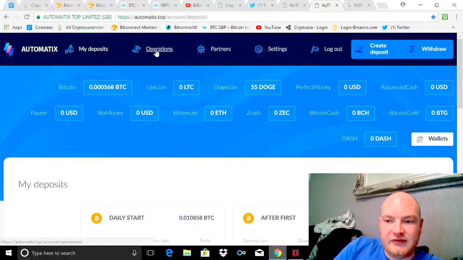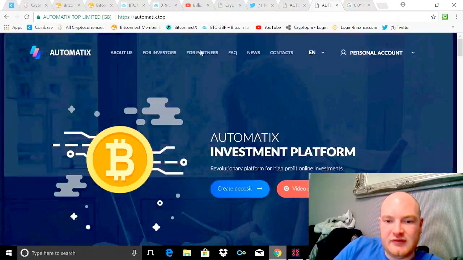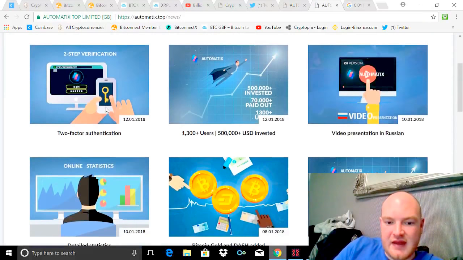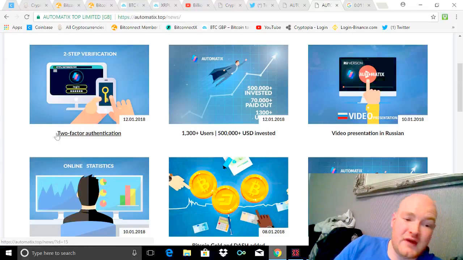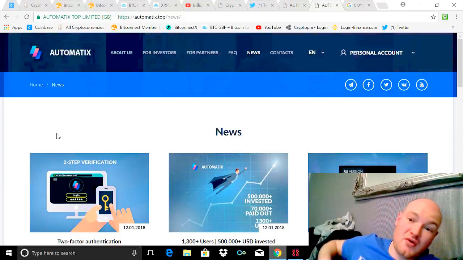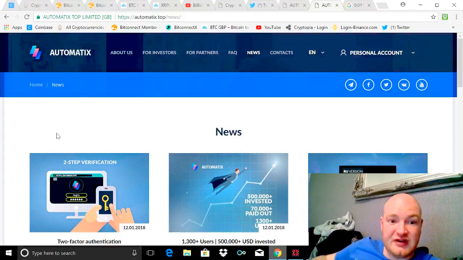So is there anything else? Partners, operations. Let's just go to the main page. News. They put a tweet up on Twitter about the users and their investments. They've now added the two-factor authentication, which I really like, and I use that on my wallets and my exchanges.